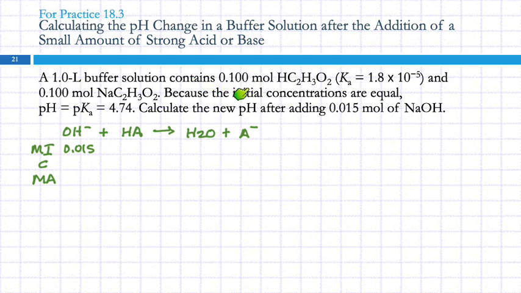So here they're being nice to us. They're actually telling us what the moles are, instead of just giving a molarity and a random volume. And 0.1 mole of the conjugate base. And water doesn't change.